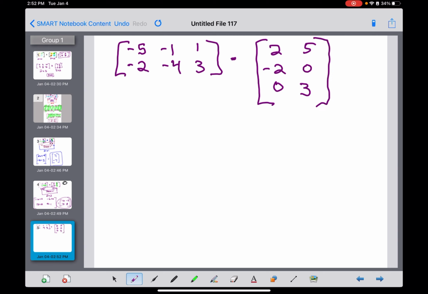Take those two matrices. You've got a 2 by 3 and a 3 by 2. Take those two matrices and multiply them together.